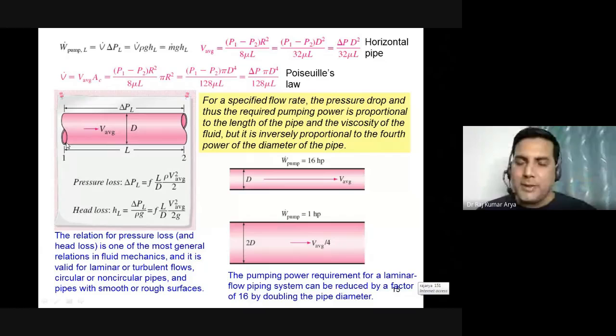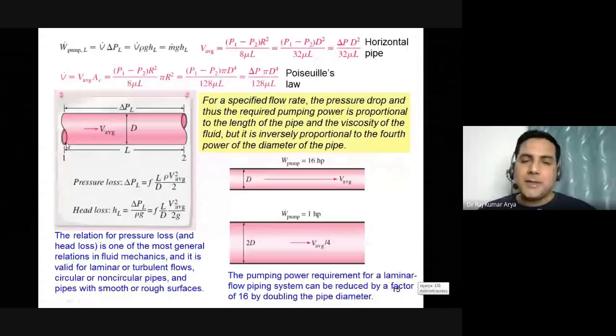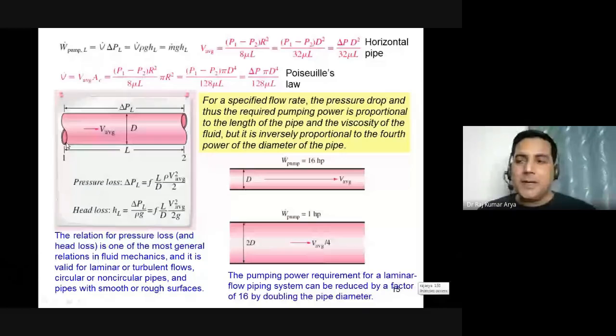Just like our body, if we are consuming, let's say, 1000 calories at a time, it means we should work for 1000 calories if it is an ideal system. But due to non-ideality, something goes waste, energy goes waste. So useful energy is slightly less than whatever we supply.